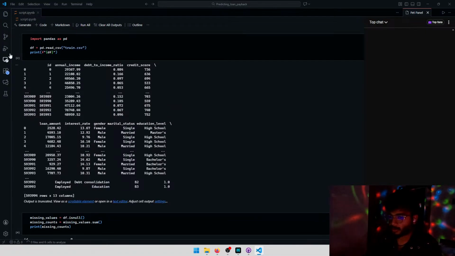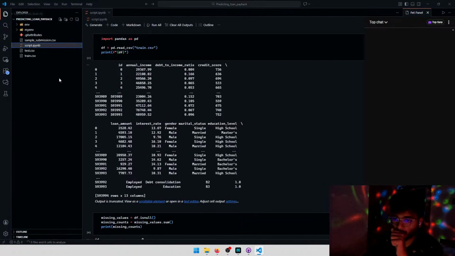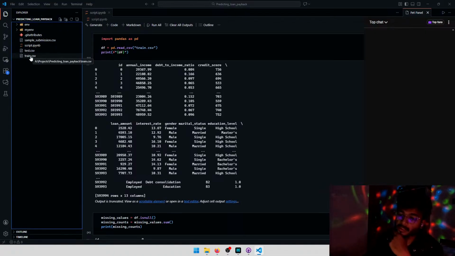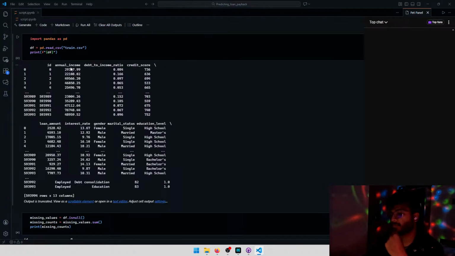Over here I have the sample submission, the test and the train. The train is for training the model, the test is for testing, and the sample submission is basically for the main data. First, I'm using the train data and looking at the columns.